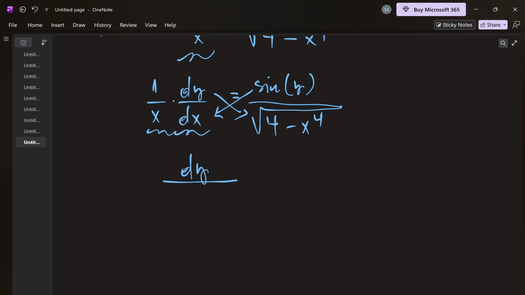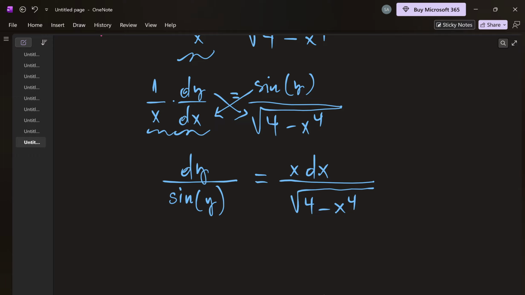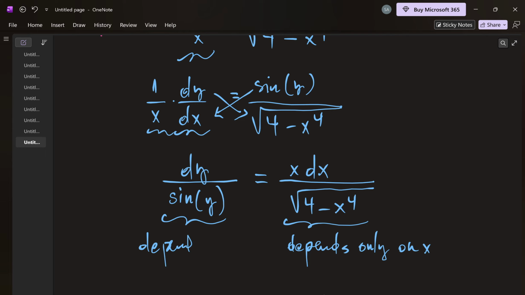So we will find here this is equal to x dx, and I will divide by sine y, and this is sine of y, all over the square root of 4 minus x to the power 4. Now it is clear that this part depends only on x, and this part depends only on y.